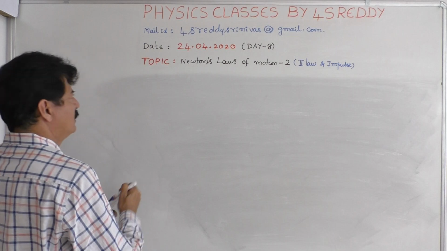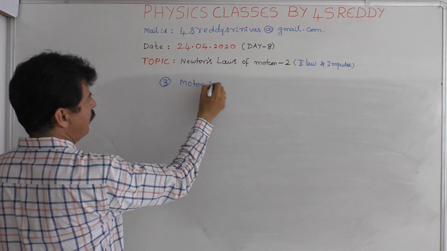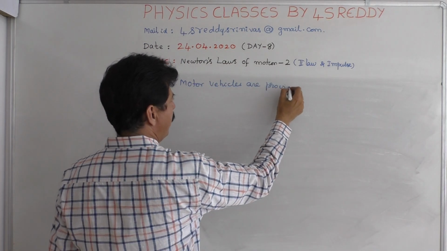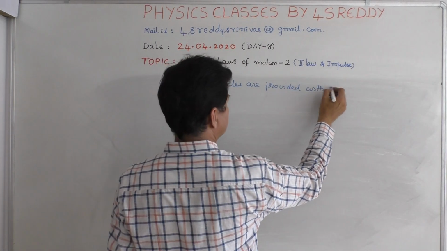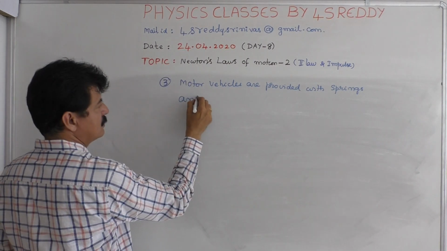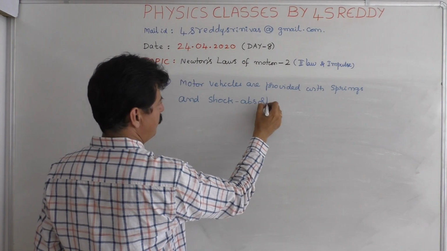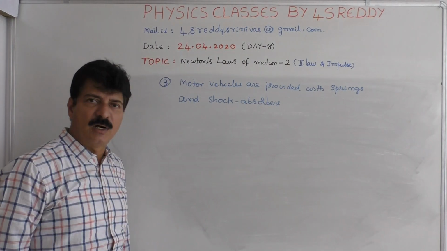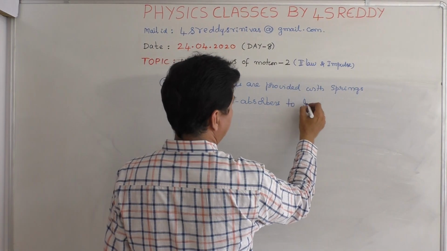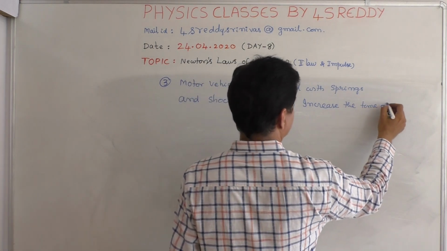The third one is that motor vehicles are provided with springs and shock absorbers. All motor vehicles are provided with springs and shock absorbers to increase the time of impulse.